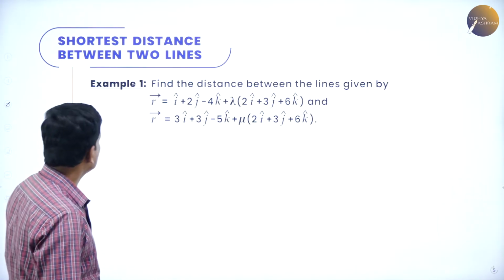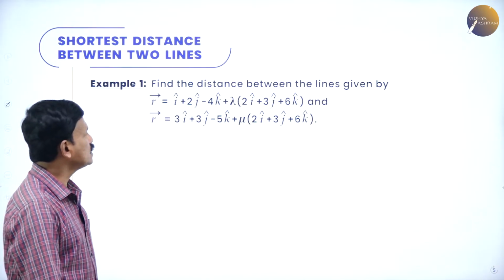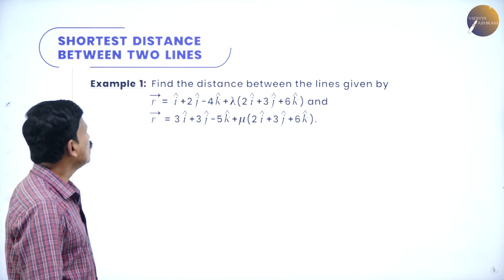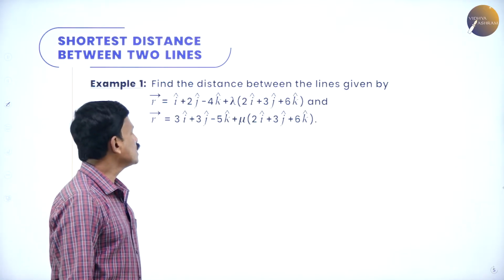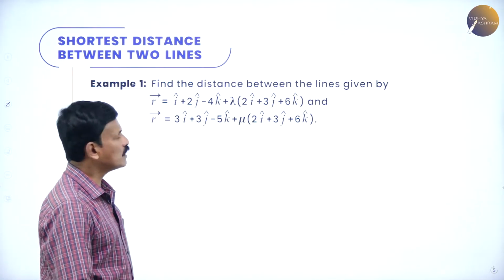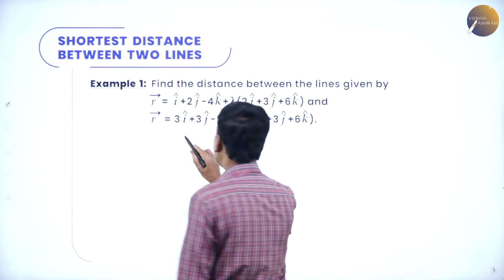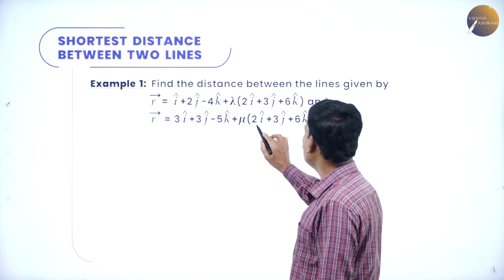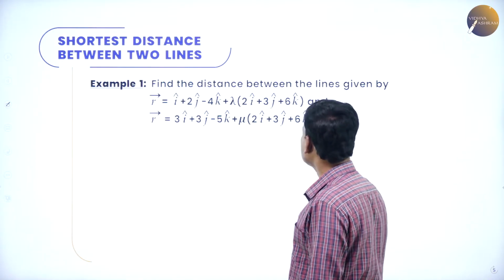Now let us come to the problem. Find the distance between the lines given by vector r is equal to i cap plus 2j cap minus 4k cap plus lambda into (2i cap plus 3j cap plus 6k cap), and r is equal to 3i cap plus 3j cap minus 5k cap plus mu into (2i plus 3j cap plus 6k cap).